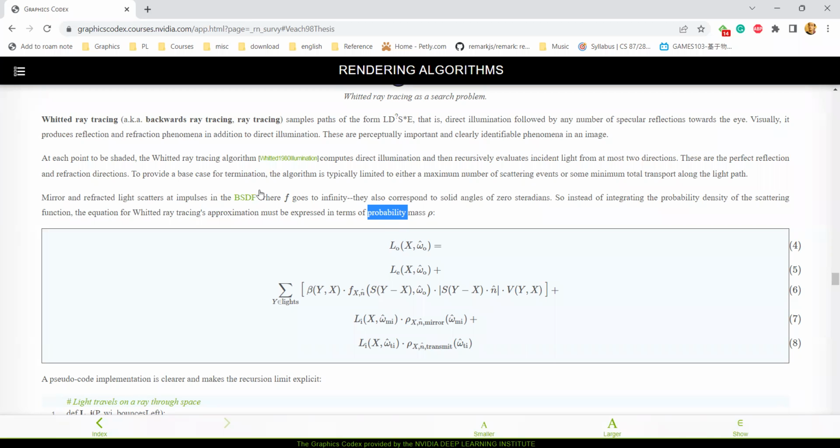So BSDF is a distribution function. It's not an actual probability. Its integral is a probability. And for probability mass, this rho is actually just a probability. Like for Whitted style, if we look further down at the rho mirror and the rho transmit, it's literally saying a certain percentage of this is going to reflect off the mirror and a certain percentage is going to transmit through the mirror-like surface.